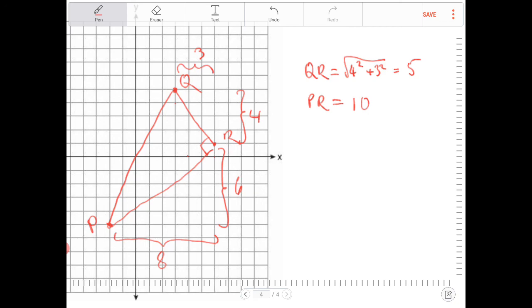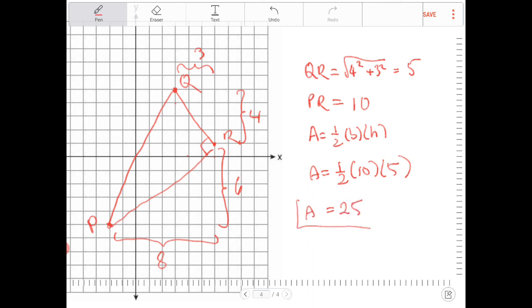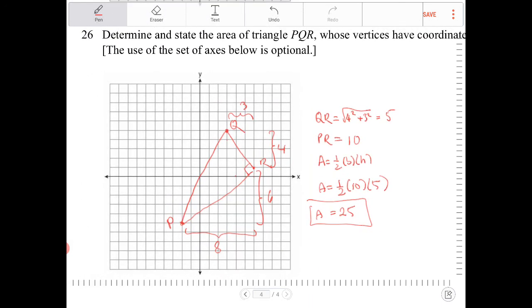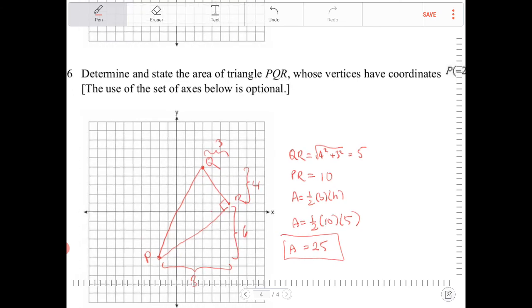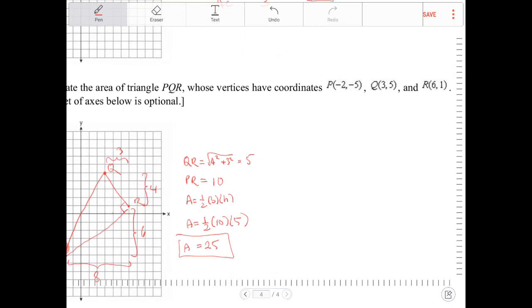So therefore, I can say area is equal to 1/2 base times height. So area is equal to 1/2 of 10 times 5, which is equal to 25. And that's it.